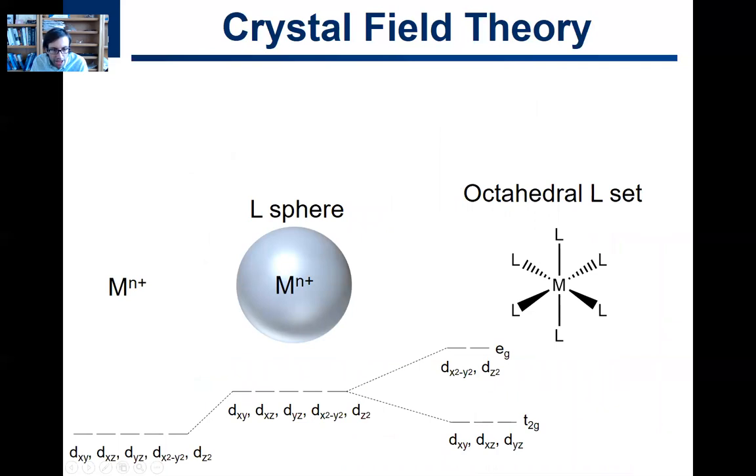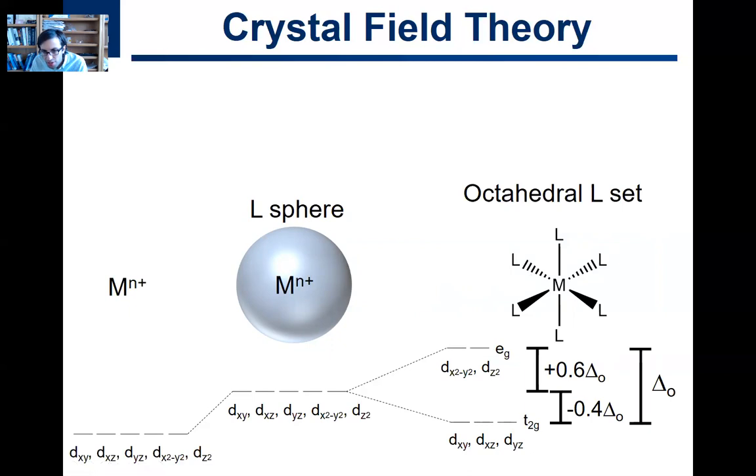So we can go back and finalize our picture, where we started with the metal ion. We increase the energy when we have a spherical ligand sphere due to electron-electron repulsion, but everything stays quintuply degenerate. Then we impose an octahedral ligand set, and that's where we get the splitting into the doubly degenerate higher-lying two Eg orbitals and the triply degenerate lower-lying three T2g orbitals.